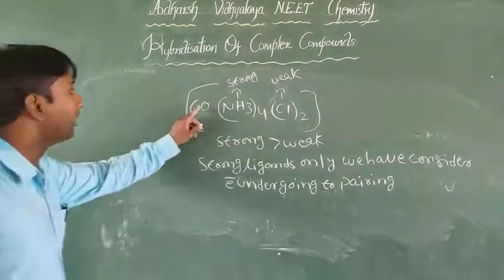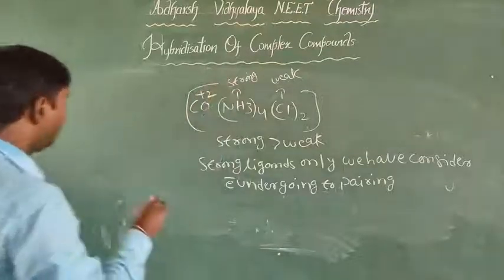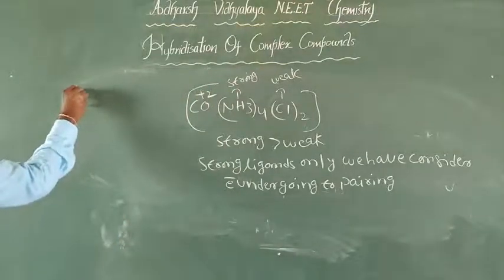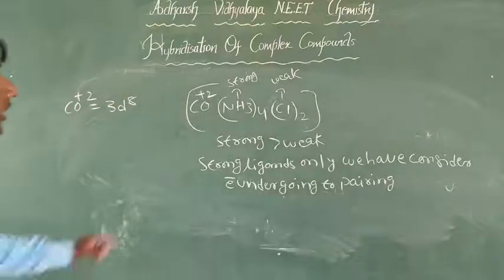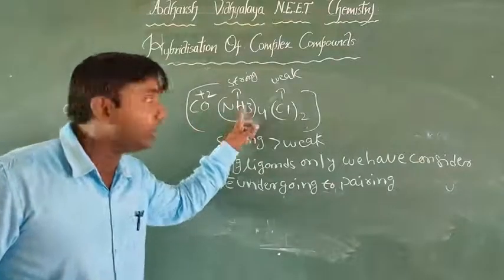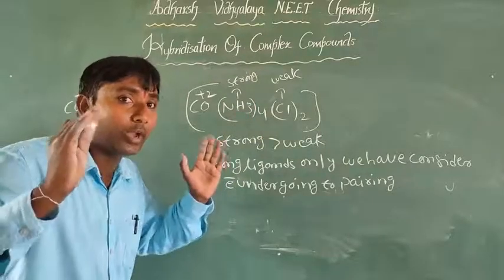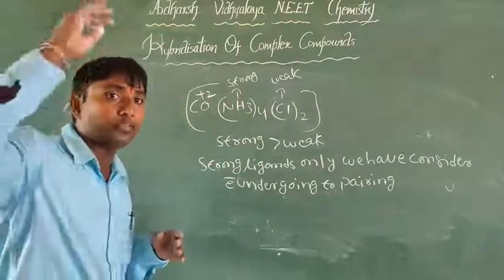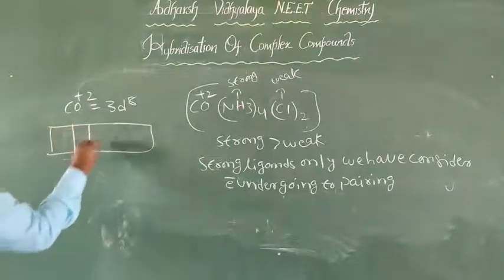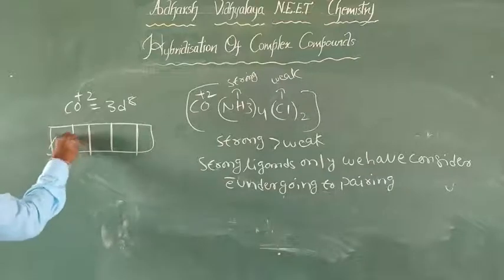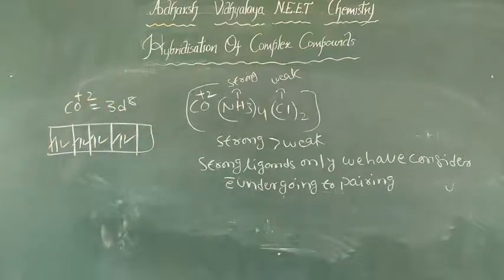So here what is the oxidation state of cobalt? Plus 2. Cobalt plus 2 means the configuration is 3d8. We consider only the strong field ligand, not the weak field ligand. That's why electrons undergo pairing, not always Hund's rule. So 3d8: 1, 2, 3, 4, 5, 6, 8.